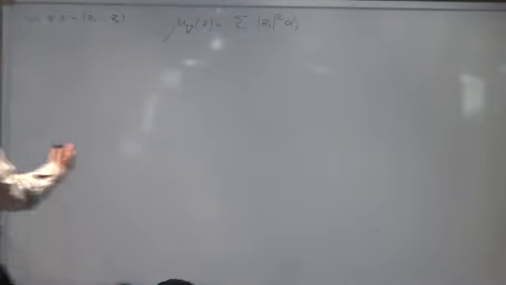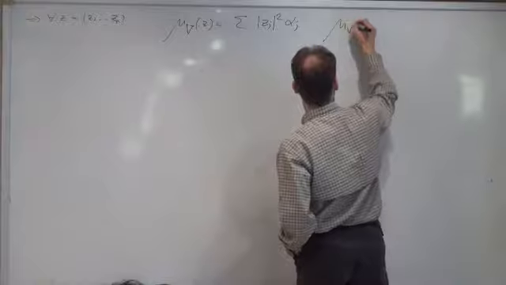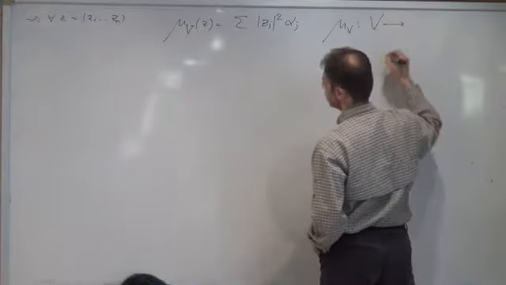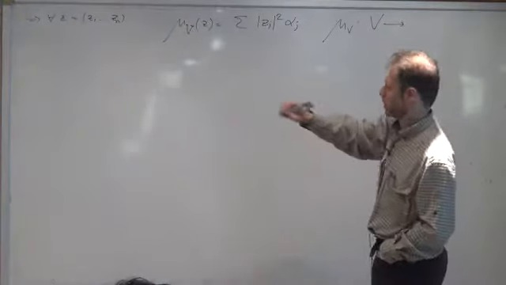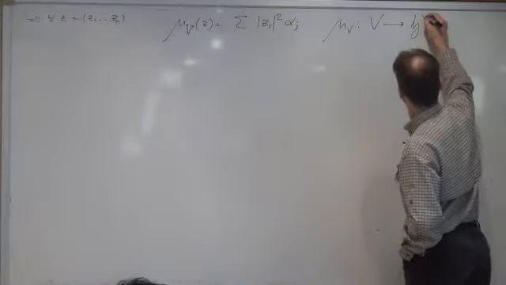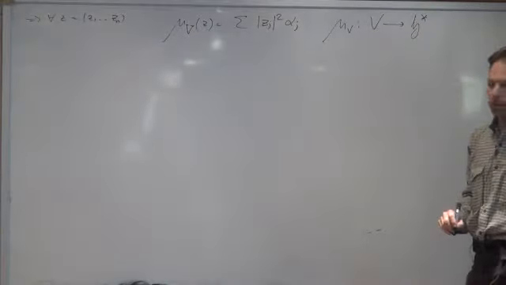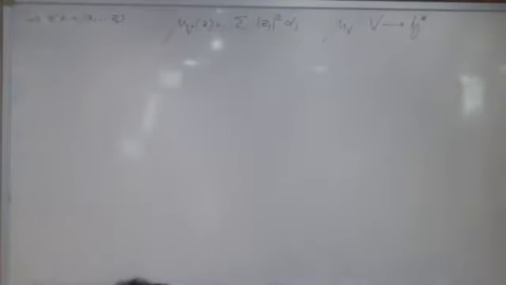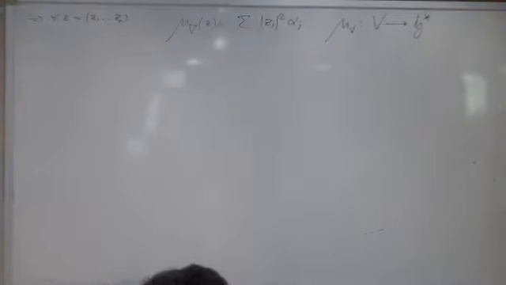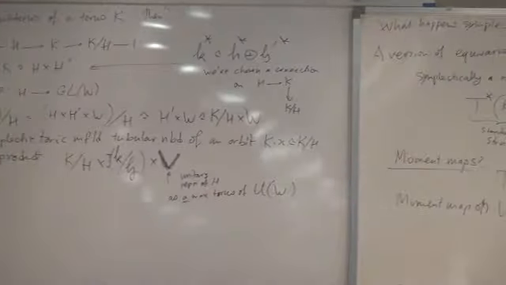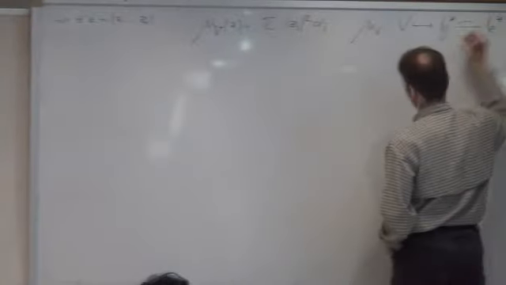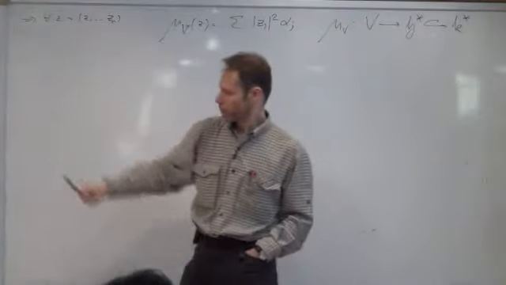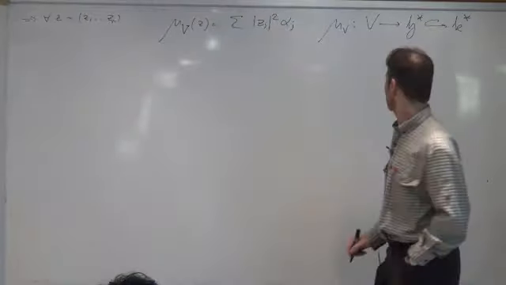And now you see these. So this is the moment map from V to, let's see, what's the group that's acting? It goes into the dual of the Lie algebra. But notice we have the splitting. So there is a dual splitting, so there is a natural inclusion into K dual that's complementary to that subspace floating around.